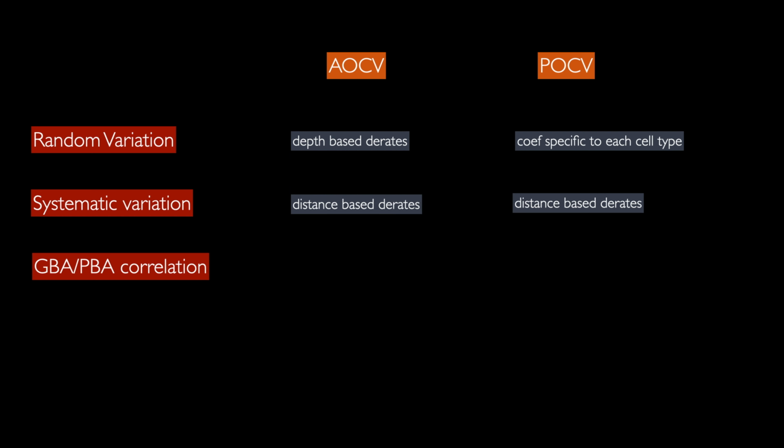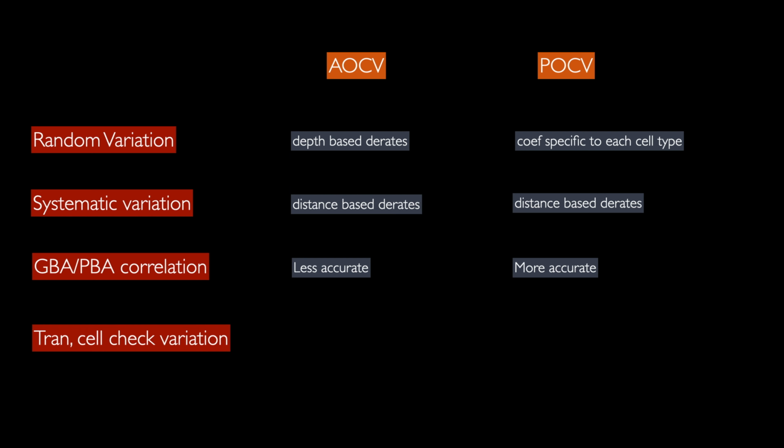If you look at the correlation between GBA and PBA, it is less accurate in AOCV. However, it is more accurate in POCV. And finally, transition variation and cell check variations are not supported in AOCV. But they are supported in LVF format in POCV.